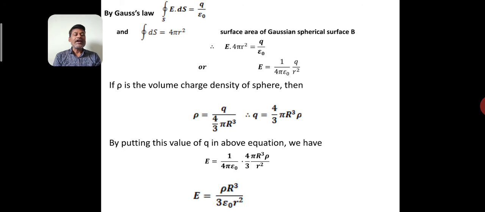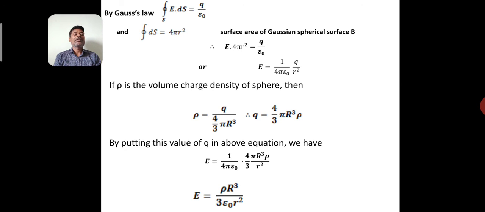You know that ds is the small surface area, and when we gather all such unit areas, it is the whole surface area of the sphere.